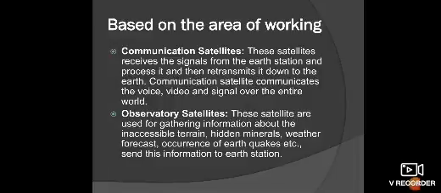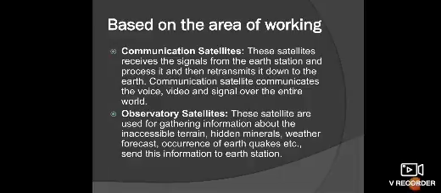Okay, and the next one is observatory satellites. These satellites are used for gathering information about inaccessible terrain. That means hidden minerals, weather forecasts, occurrence of earthquakes.